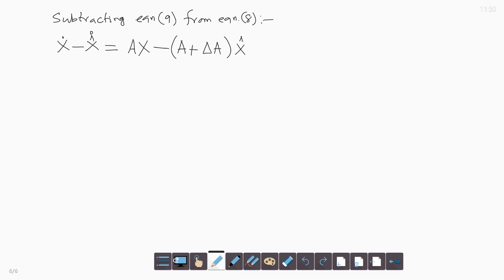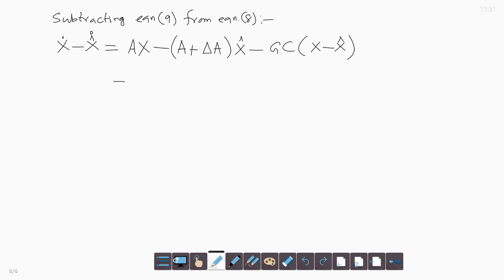The b u term cancels in both, and the third term is absent in equation 8 but present in equation 9. So we have minus g into c into x minus x hat.